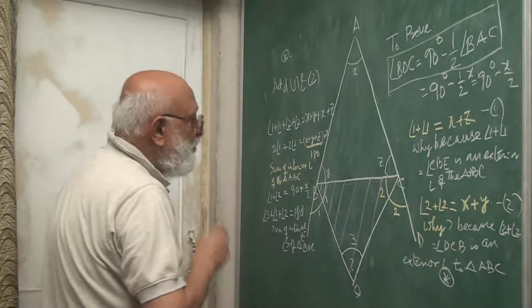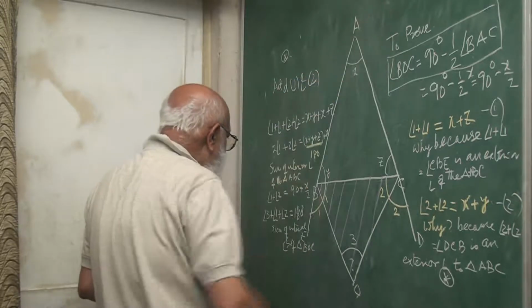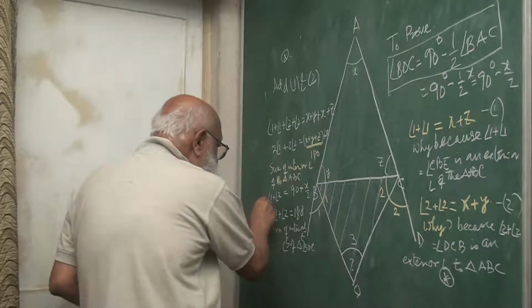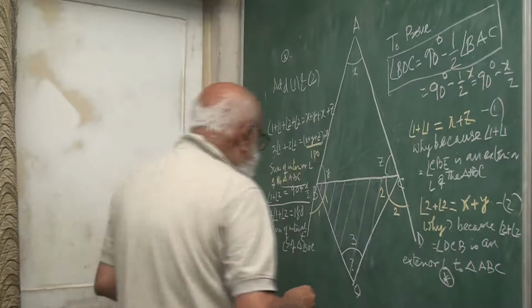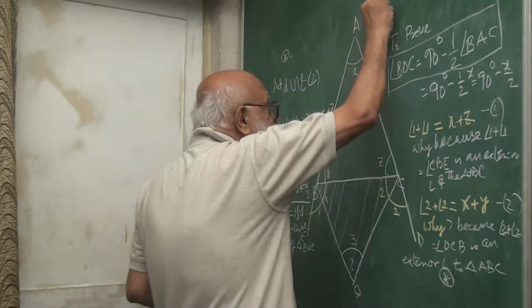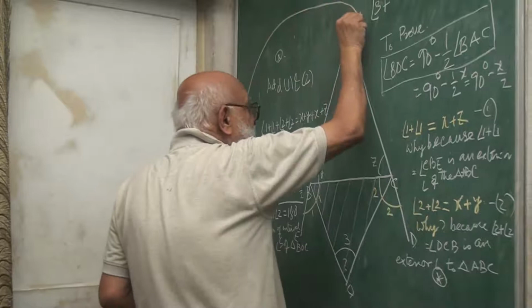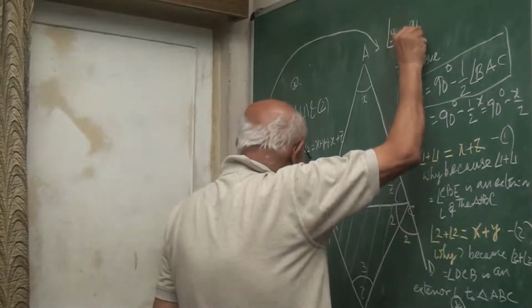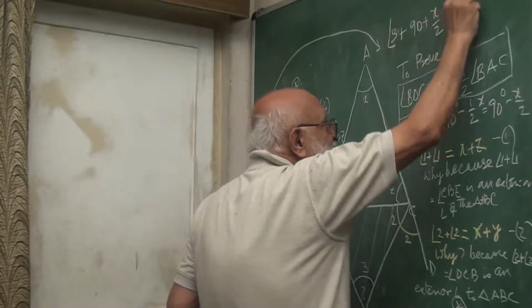Now what do I do? I can substitute this particular equation here. So I will write angle 3 plus 90 degree plus x by 2 is equal to 180 degree.